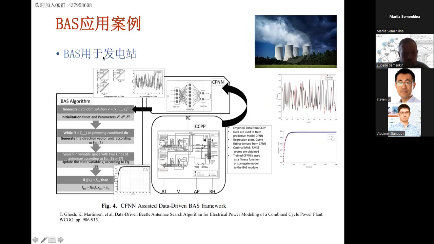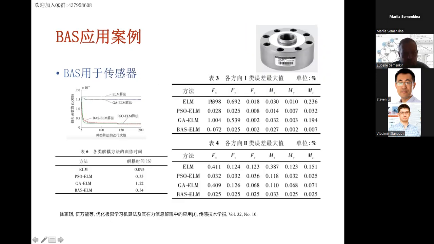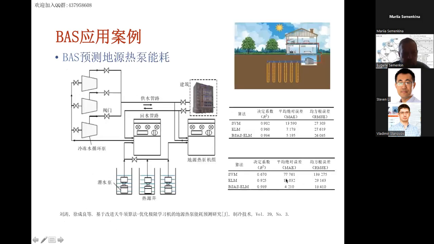This is the application of Beetle Antennae Search for power plant optimization, power grid optimization. This is for the optimization of a 6-degree-of-freedom torque and force sensor. This is for thermal system management using BAS.